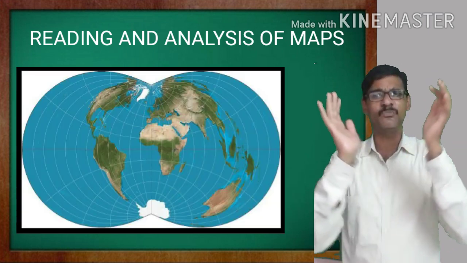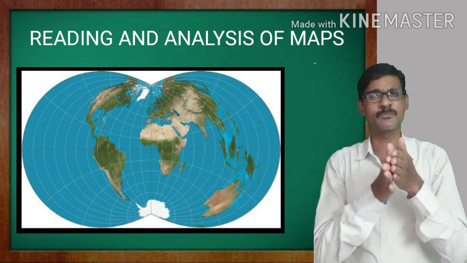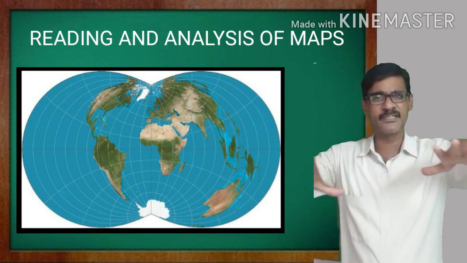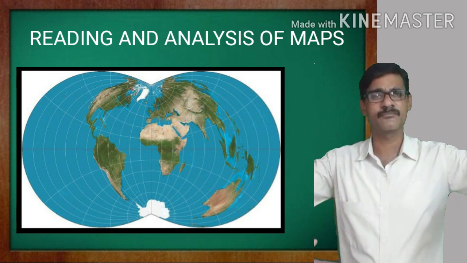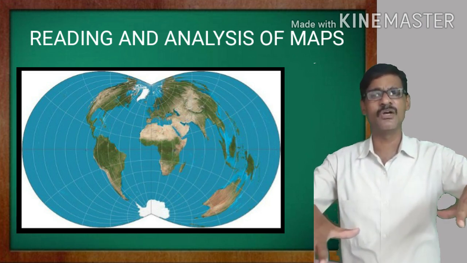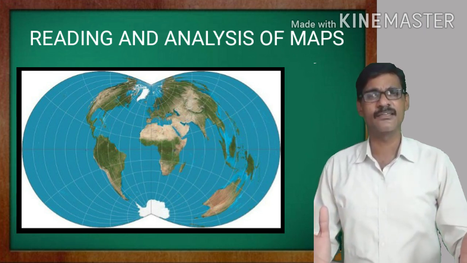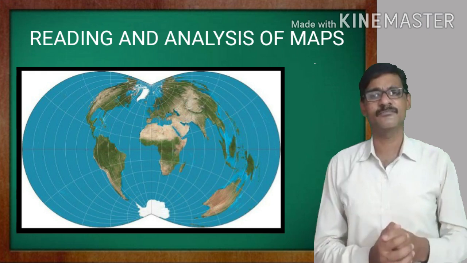We have that globe. Suppose we cut that globe and we spread that globe area on a plot. But it is impossible to show all the continents clearly with their size or the distance or the direction.